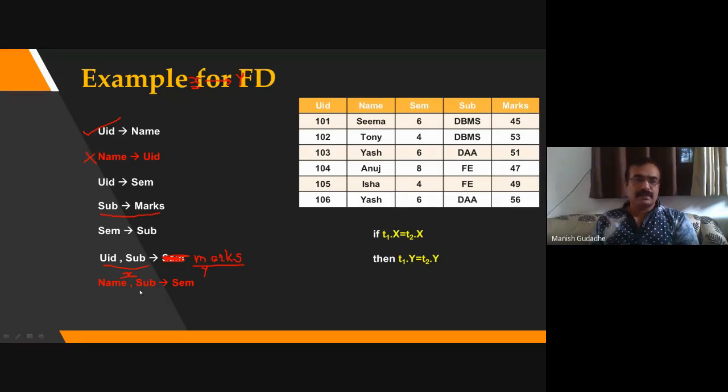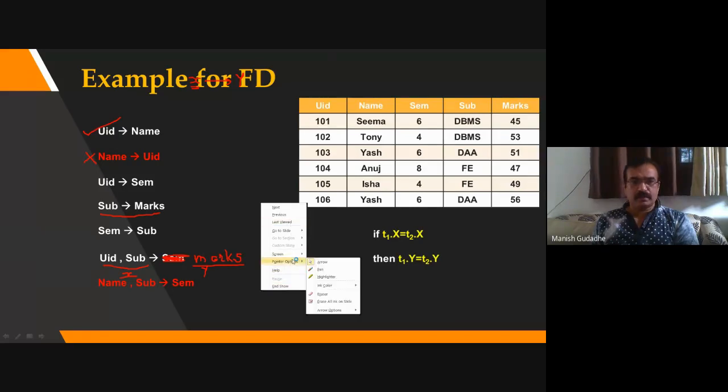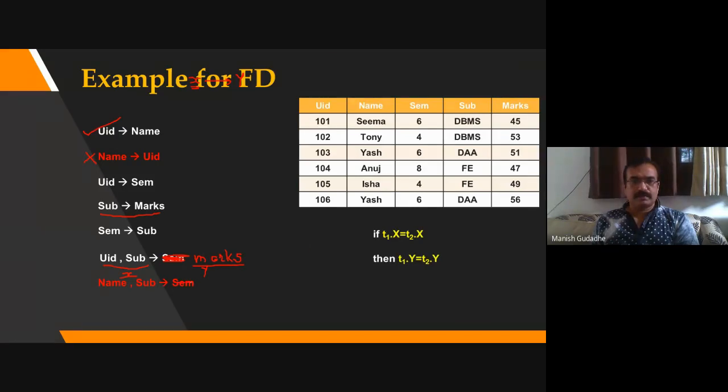Name and subject combination can determine marks. Again, here it should be marks. Can name and subject together determine marks? No, because name is getting repeated.